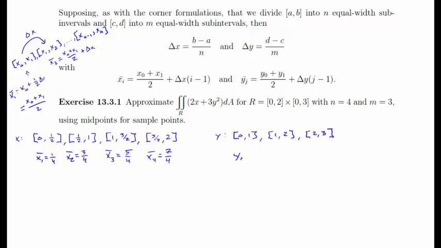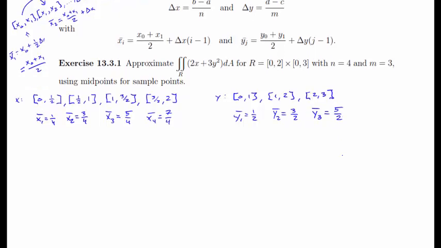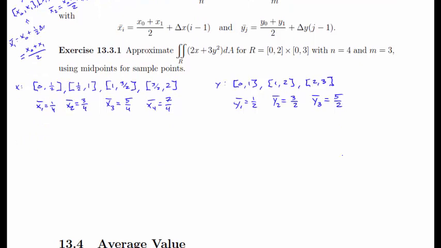And then y sub 1 bar equals 1/2, y sub 2 bar equals 3/2, and y sub 3 bar equals 5/2. So we then are going to have all these rectangles. Real quick, delta x equals 1/2, delta y equals 1.